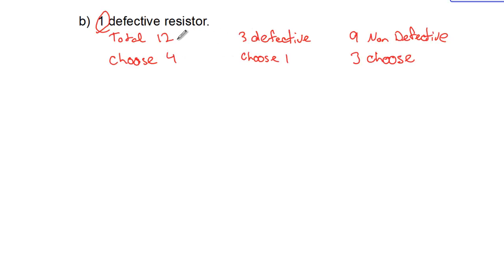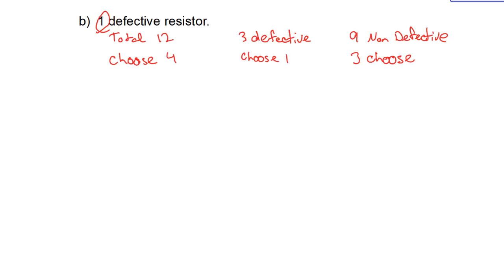So it's a real good idea if you write things down in this format where you have your totals over here and then you have your groups. That way you can add across here the 9 plus 3, that gives you your total, 3 plus 1, that gives you your total that you're going to choose.